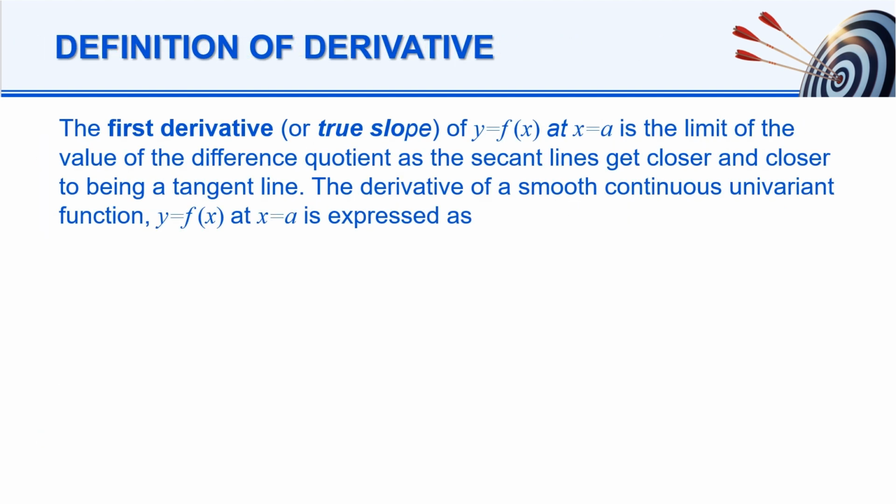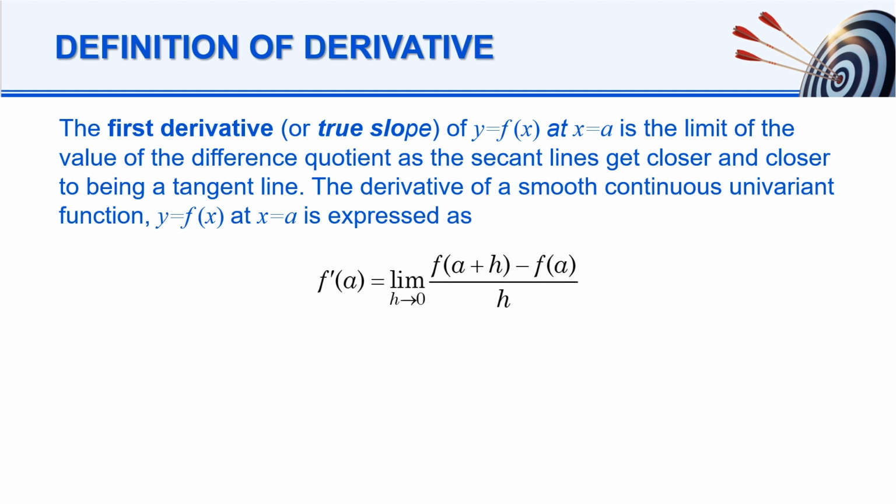The first derivative, or true slope, of y equals f(x) at x equals a is the limit of the value of the difference quotient as the secant lines get closer and closer to being a tangent line. The derivative of a smooth, continuous univariate function, y equals f(x) at x equals a, is expressed as follows.